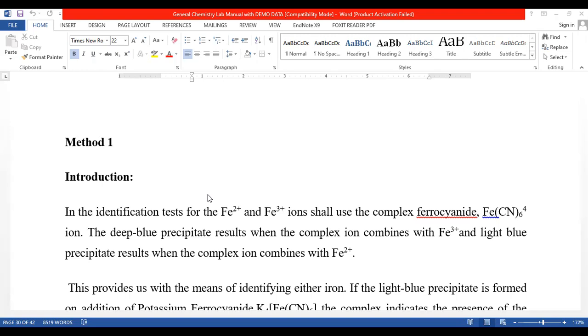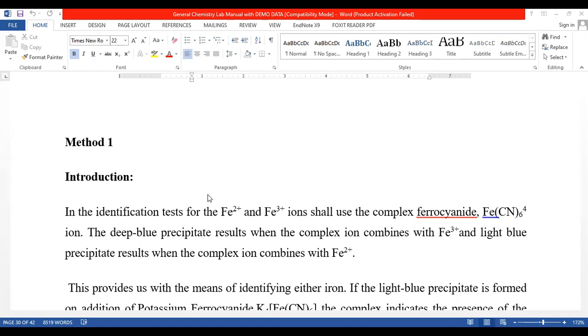Identification reagent means the solution which is used for identifying any chemical substance or part of a chemical substance.